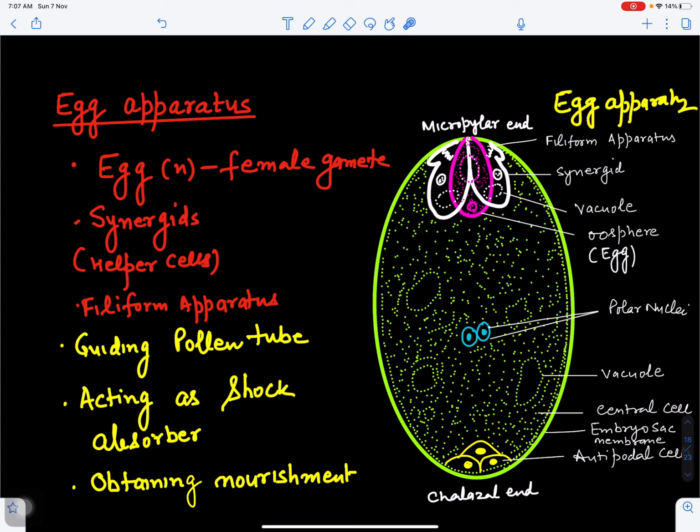This is the egg cell which has a nucleus, and this is the vacuole present toward the micropylar end. And this is being assisted by these 2 cells called synergids. Synergids are helping cells, they are called helper cells. They have the filiform apparatus, which are finger-like projections present over here.